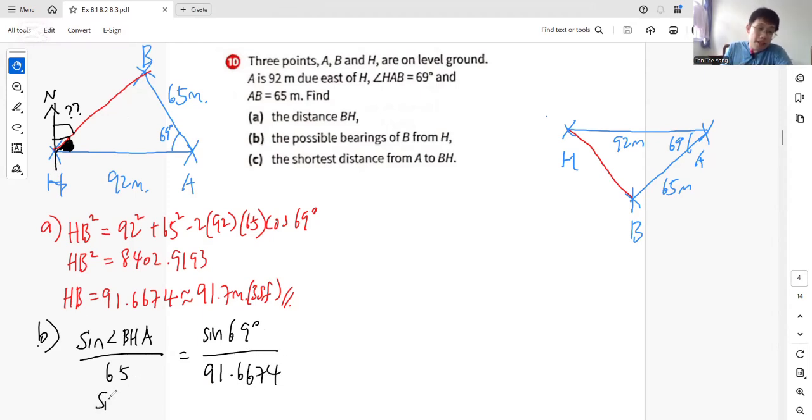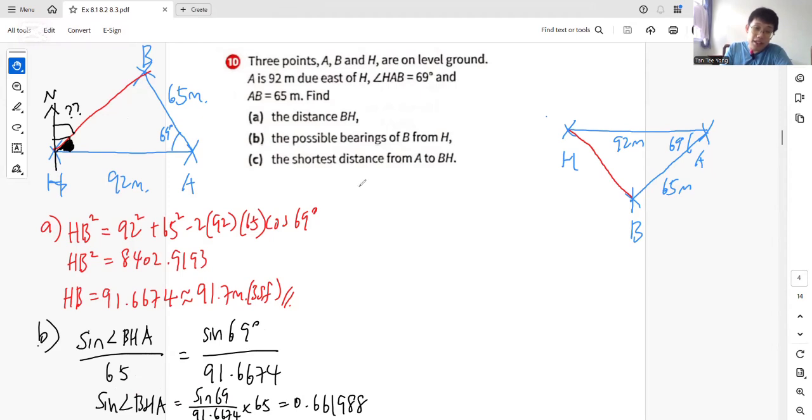So sine angle BHA is equal to sine 69 over 91.6674 times 65, which will be 0.661988.